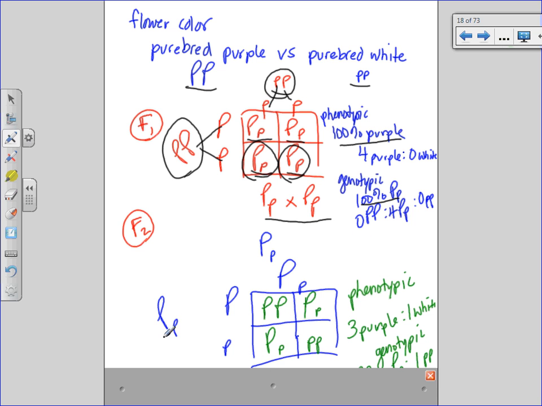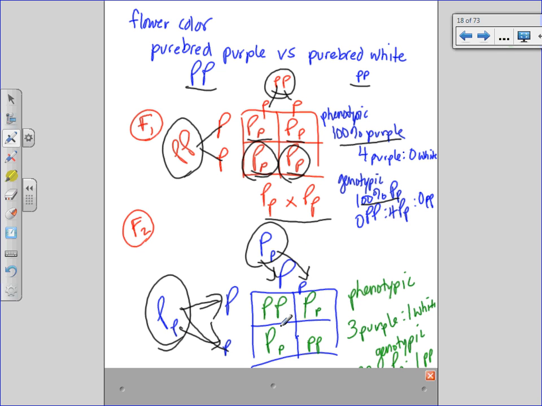Here's the parents, the F1 by the F1, big P, little p. Each can give a big P and a little p for the gametes. So this one can give a big P and a little p for possible alleles in the gametes.